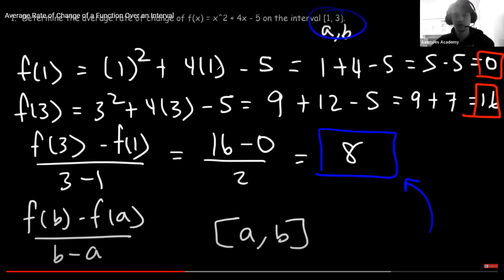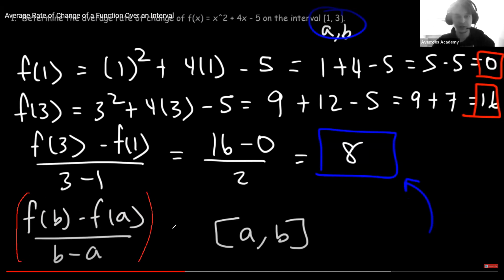In this case, the question says determine the average rate of change. And the first thing I would do is write down the formula for the average rate of change right away. And now we just need to take into account what values we already know and what values we need to find.